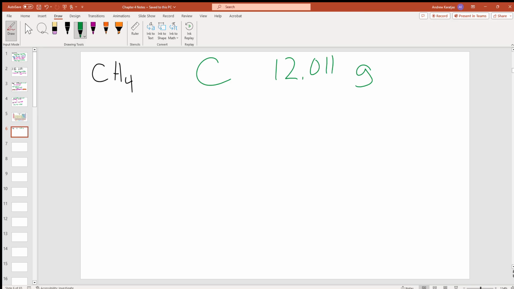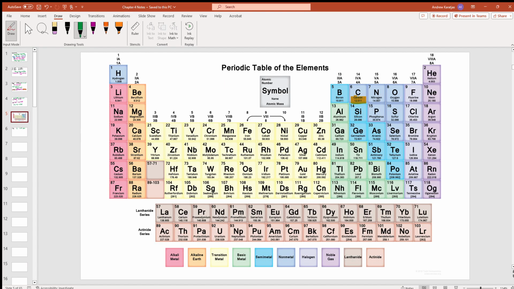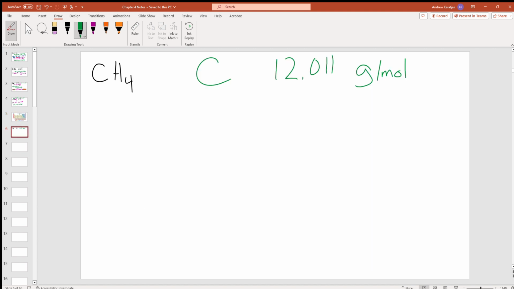And that's the unit we're going to use here, grams per mole. So 1 mole of carbon atoms, 12.011 grams. How about hydrogen? Hydrogen is 1.008. And again, that's 1.008 grams per mole of hydrogen.